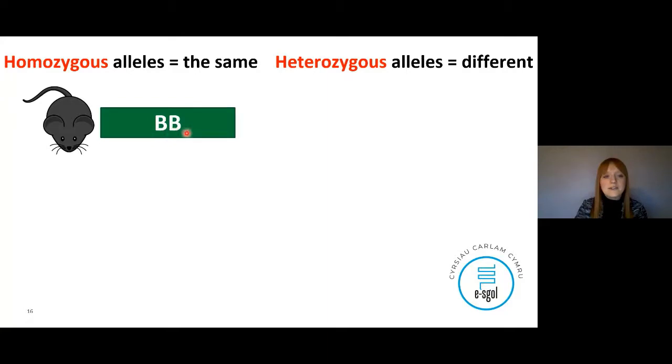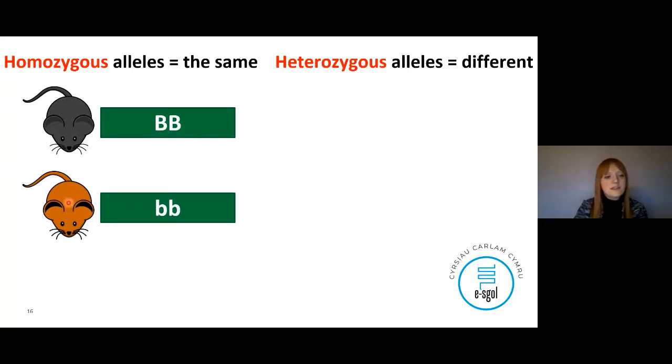Homo meaning same, so he's inherited 2 copies of the dominant allele. But so is this brown mouse. He's also homozygous. But the black mouse is homozygous dominant because he's inherited 2 of the same dominant alleles. This brown mouse has inherited 2 recessive alleles. So he's homozygous recessive.